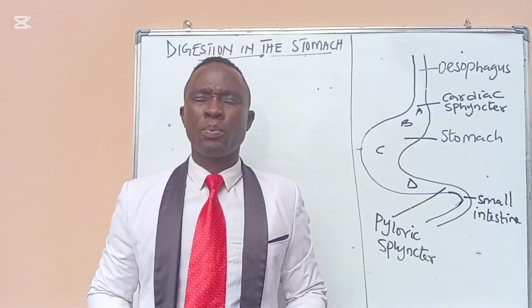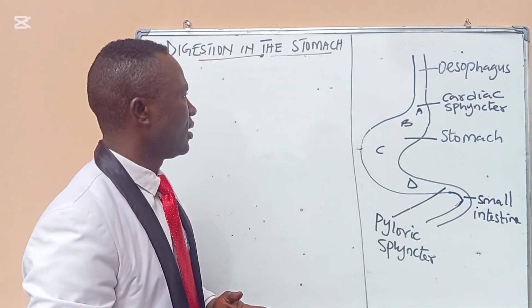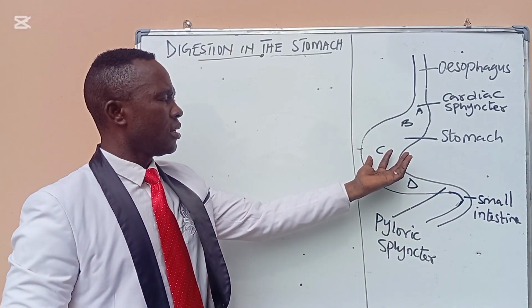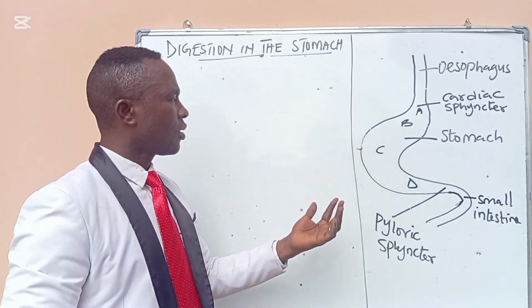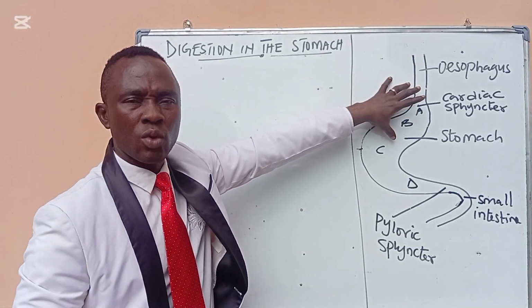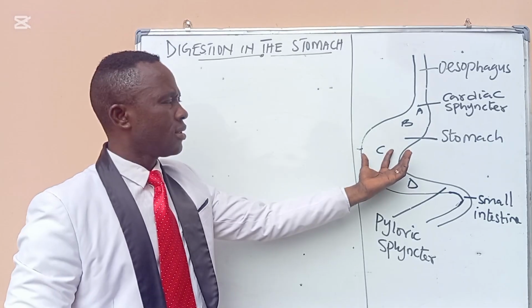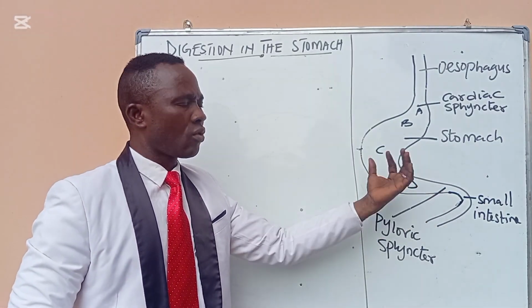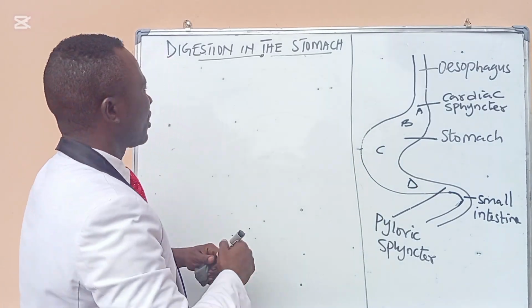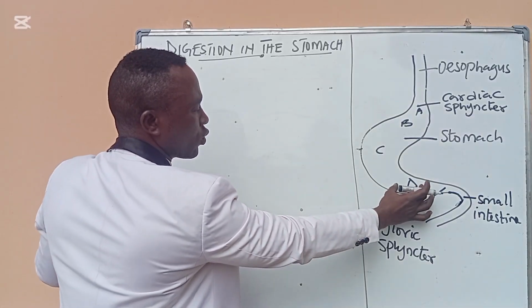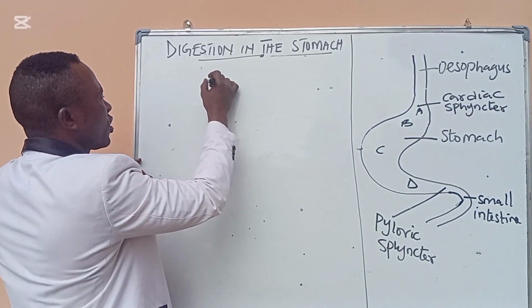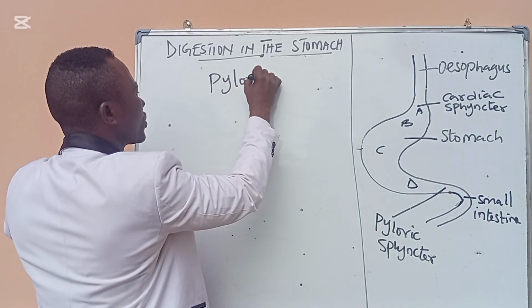Now, the last part of the stomach. We have discussed the first part of the stomach, we have also discussed the third part. Now the fourth, which is the last part of the stomach, is what? Pylorus.